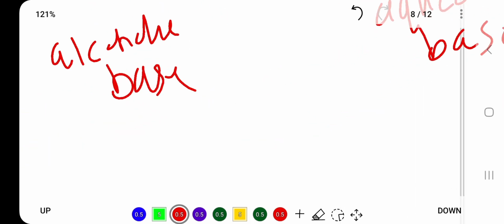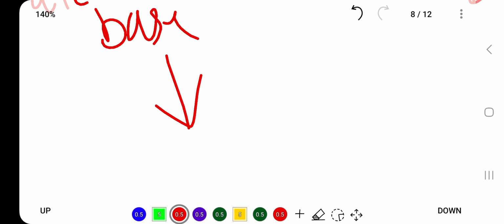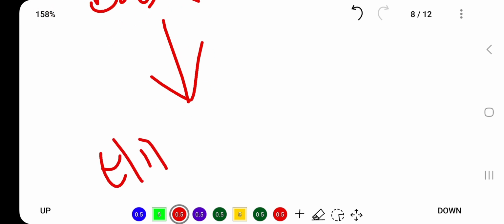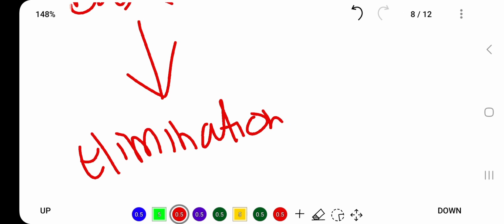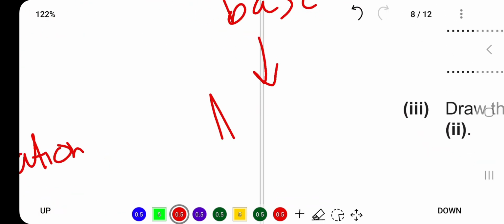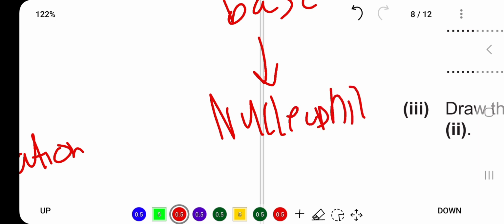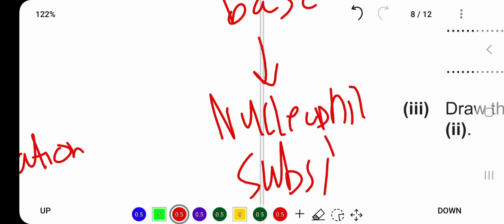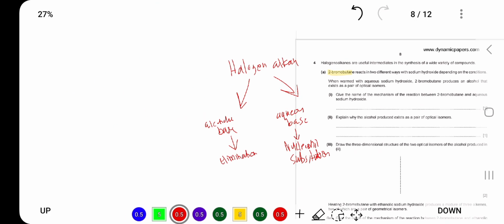Alcoholic base will end you up with an elimination reaction, and aqueous base will end you up with a nucleophilic substitution reaction.